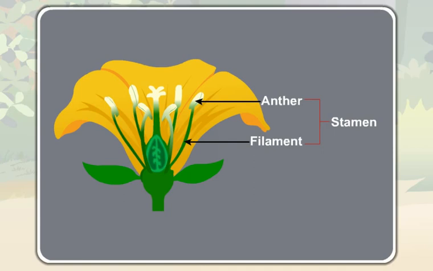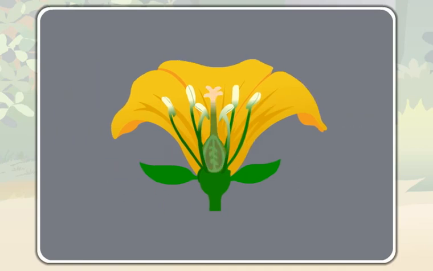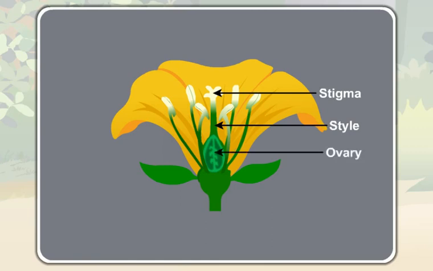Inside the androecium, a flower has the gynoecium. A single unit of the gynoecium is called pistil. A pistil has three major parts. They are the stigma, the style, and the ovary.